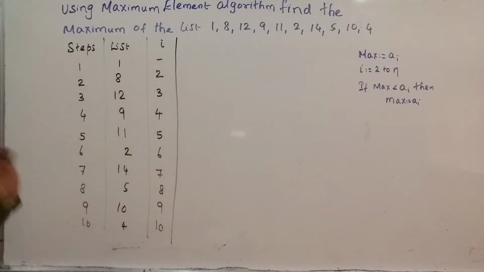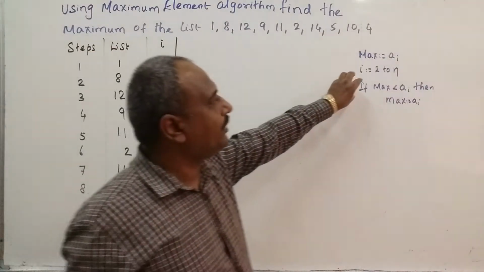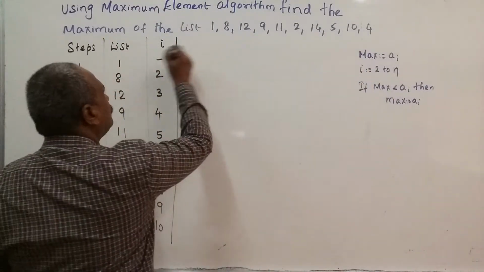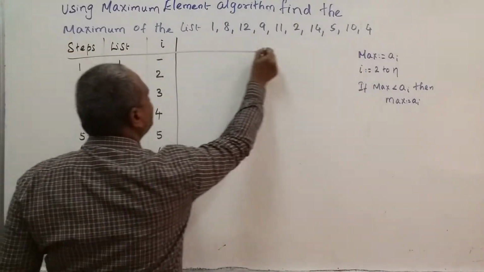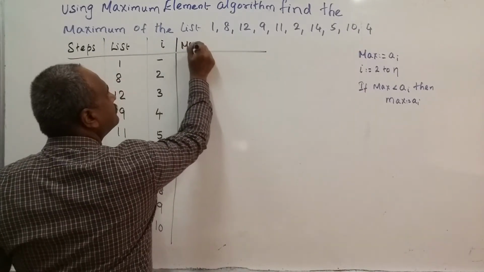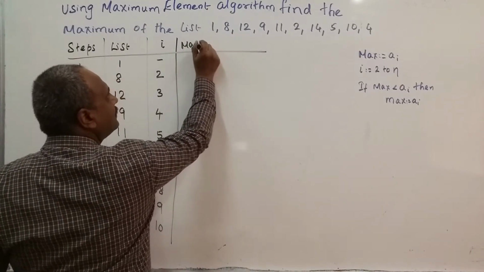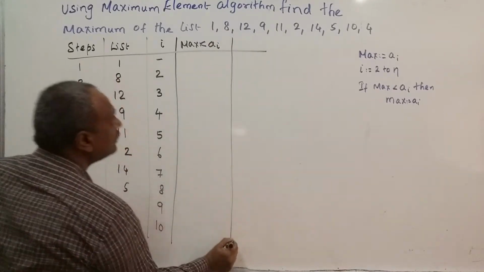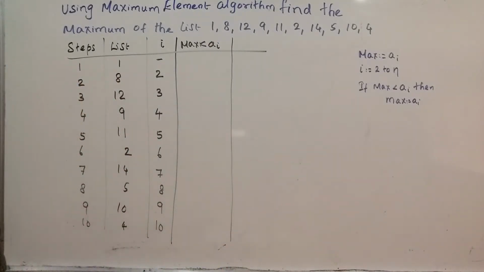Here is the list, and this is going to compare. What is it going to compare? It is going to compare the maximum. Is maximum less than AI?